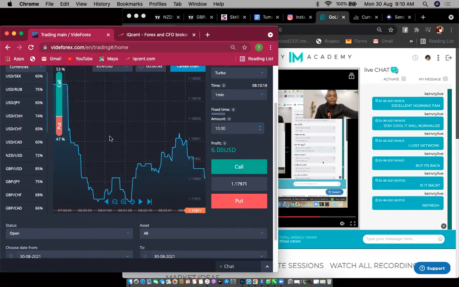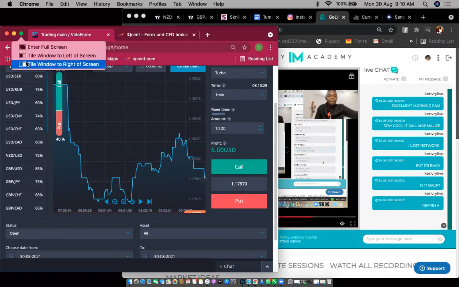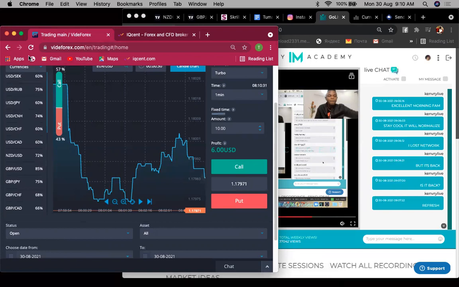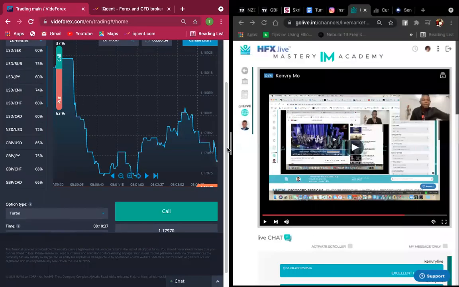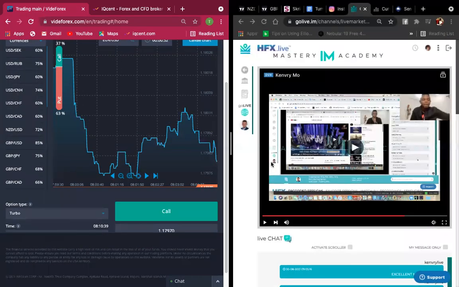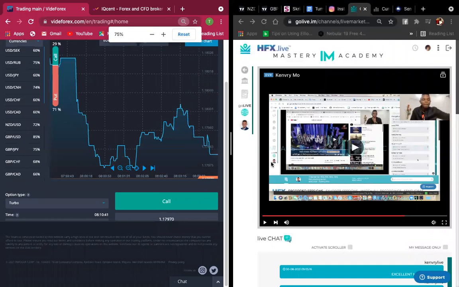Now, if you are using a Windows laptop, there is a way to split the screen. I don't know it, but this is how I do it on my Mac. That is the alternative way. You put your trading platform on one side and the chat on the other side.